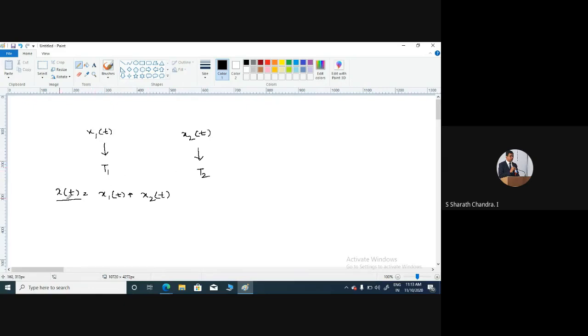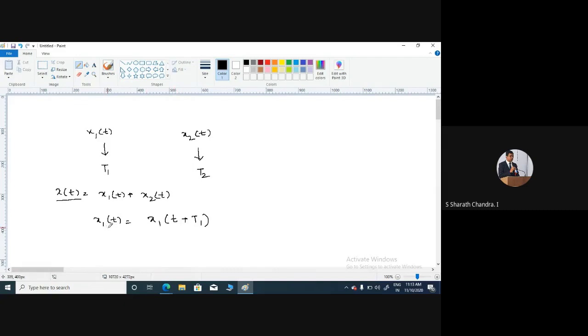Since the given signals x1 of t and x2 of t are periodic, we can always write x1 of t is equal to x1 of t plus T1. Since they are periodic with a period of capital T1, I use that condition of periodicity.